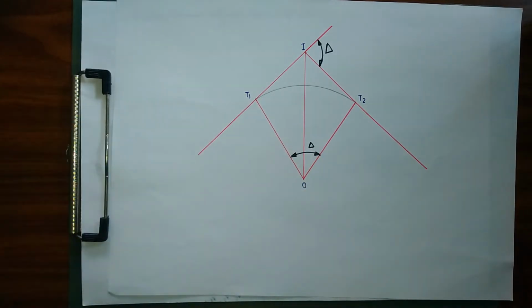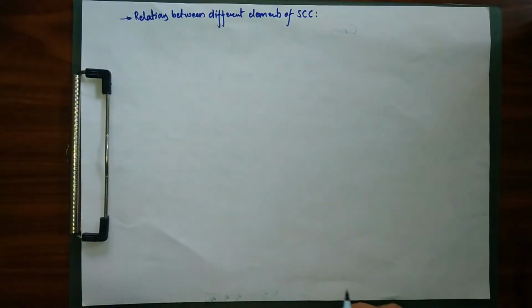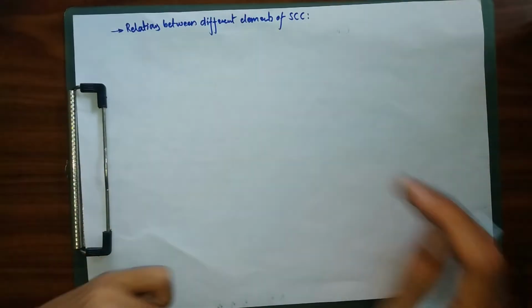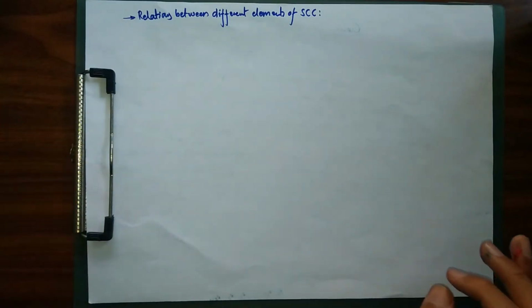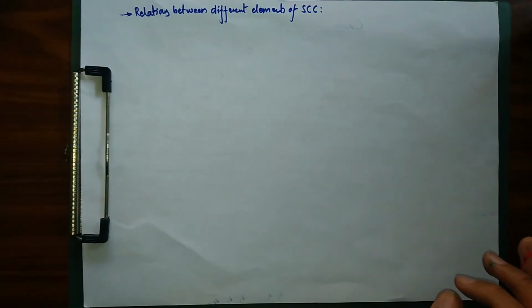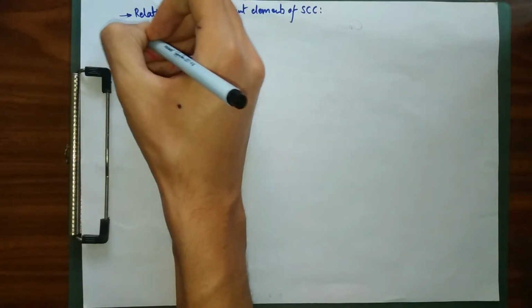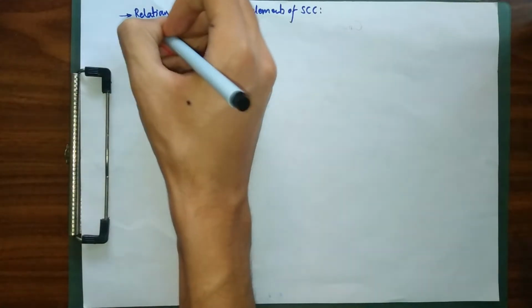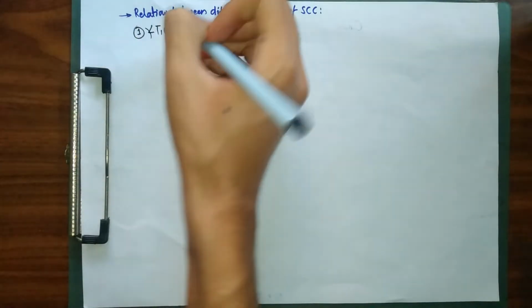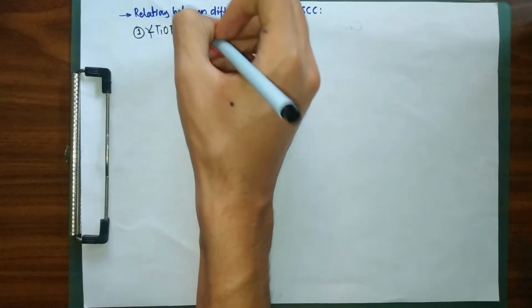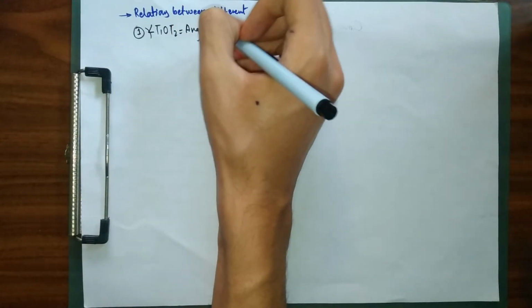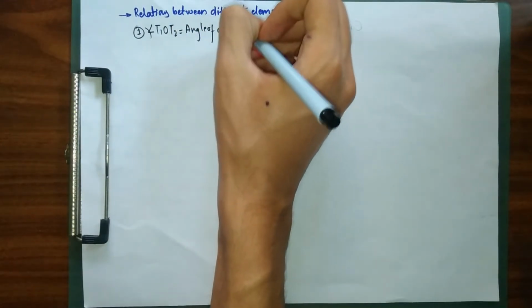So this is my first property of a simple circular curve, which simply says our angle T1 over T2 is equal to our angle of deflection, which is equal to our delta.